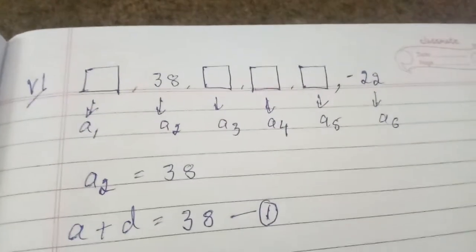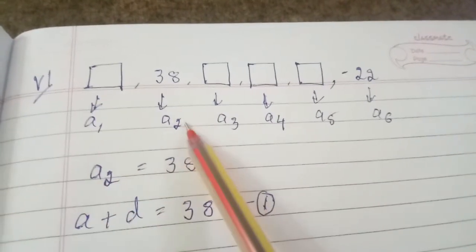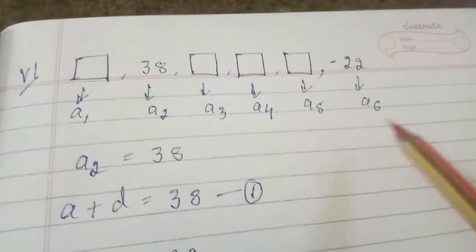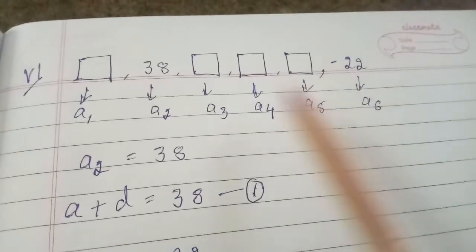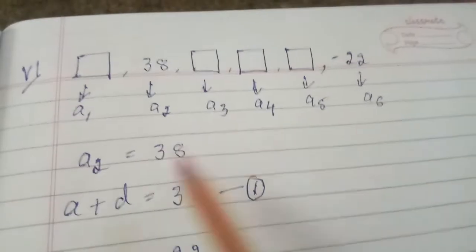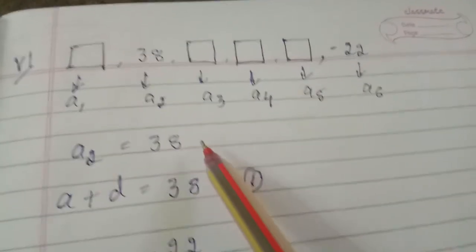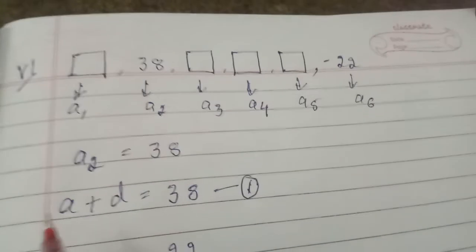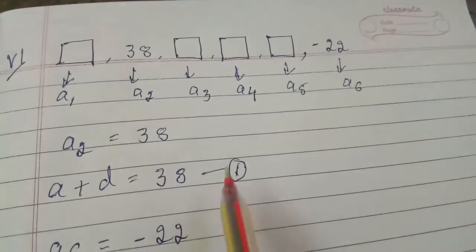So the last question of this main, the fifth question. Here also you have 6 terms, that is the second term is given 38, the sixth term is given minus 22. I need to find the first term, third term, fourth term and fifth term. So A2 is given how much? 38. Expand this, A plus D equal to 38.